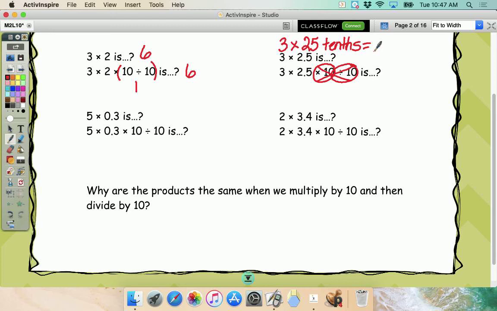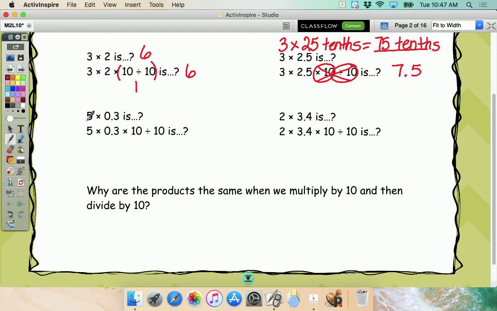And that equals, now someone said think of the quarters to get the answer, right? That equals what, boys and girls? 75 what? Tenths. How do I write 75 tenths? 7.5. Okay, so this is a little review of decimals.